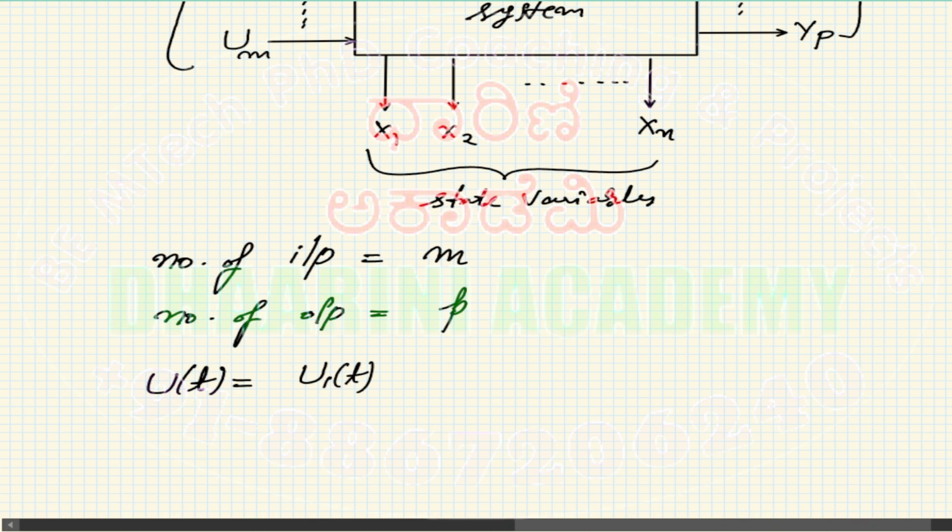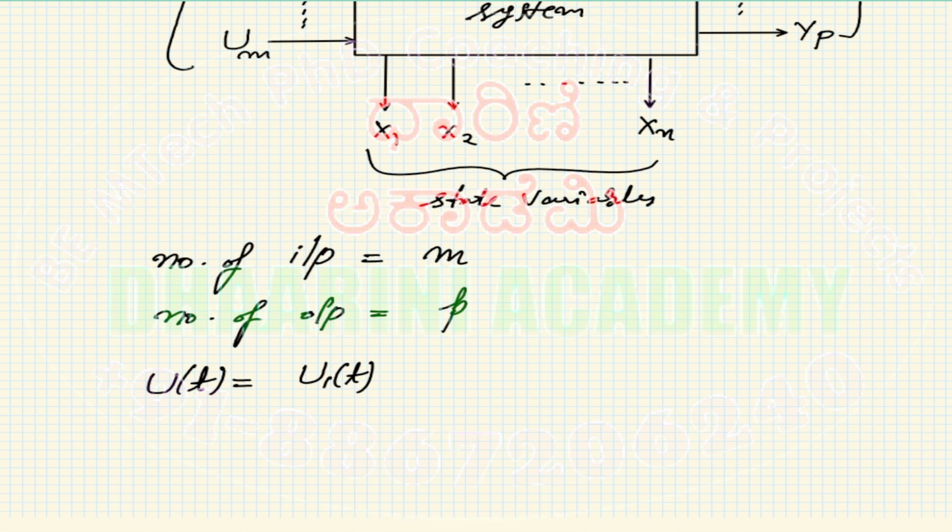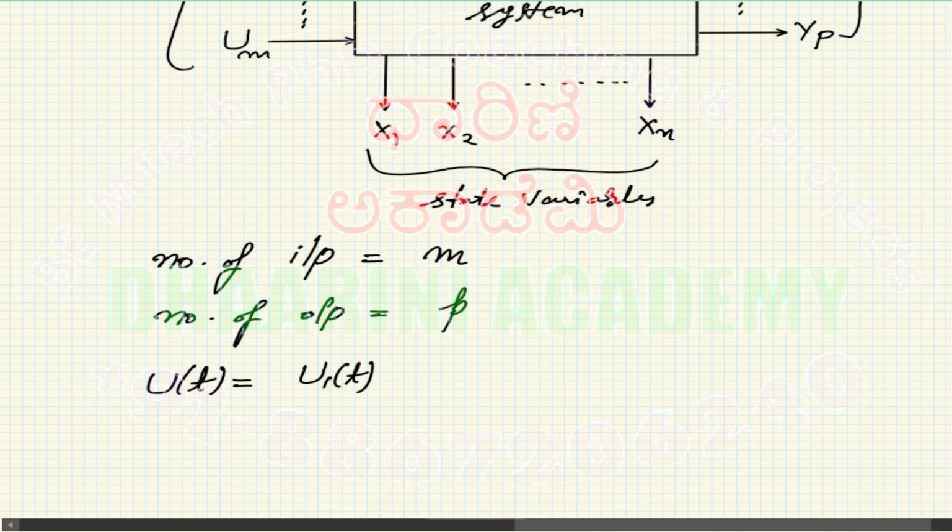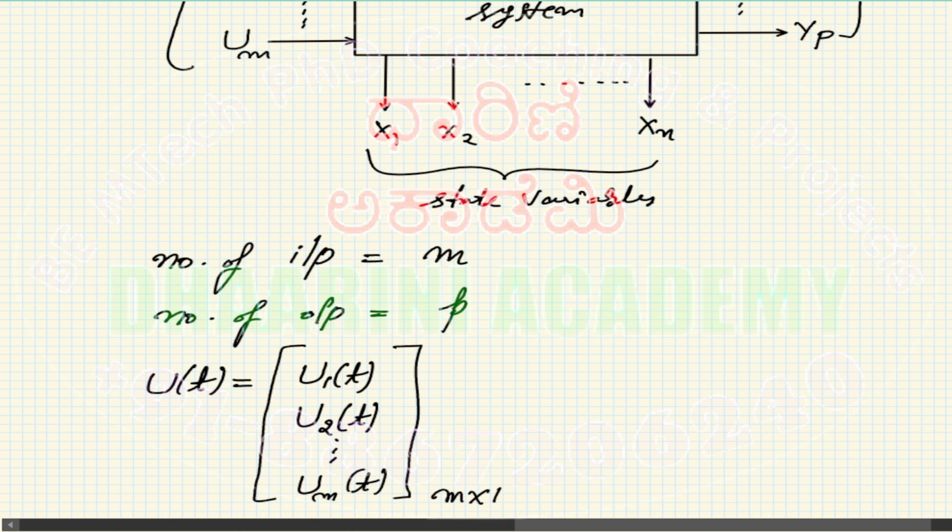It may be a variable, like u1 of t may be a sinusoid. But the point here is that whenever we have that kind of representation, u1 of t represents the value of that function at time t. Like that you have m such possibilities: u2 of t, dot dot dot up to um of t. This is a matrix. So what is the size of this matrix? It is m rows, one column, correct?